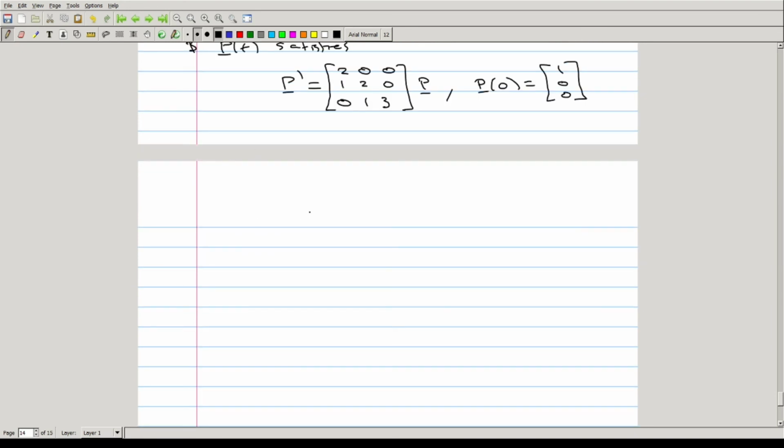Which we can go through and solve, similar to before, to get that P1 of t is equal to e to the 2t, and when we solve for P2, we get that P2 of t is equal to t times e to the 2t, and P3 of t is equal to negative t times e to the 2t minus e to the 2t plus e to the 3t.